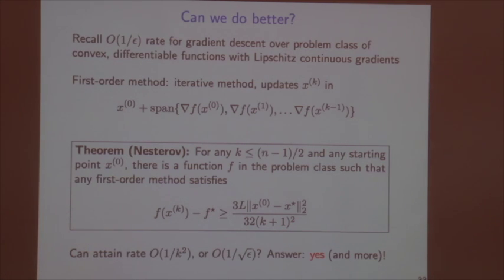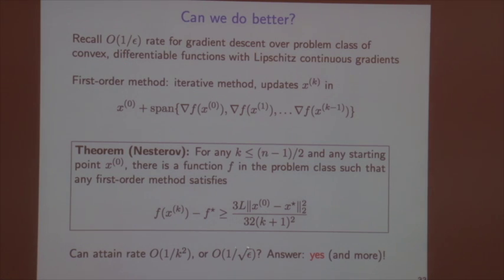This means there seems to be a lower bound on the rate that tells you that you cannot hope to do better than 1 over k squared, or 1 over square root of epsilon if you want accuracy epsilon. And the rate that we figured out for gradient descent was 1 over epsilon instead.